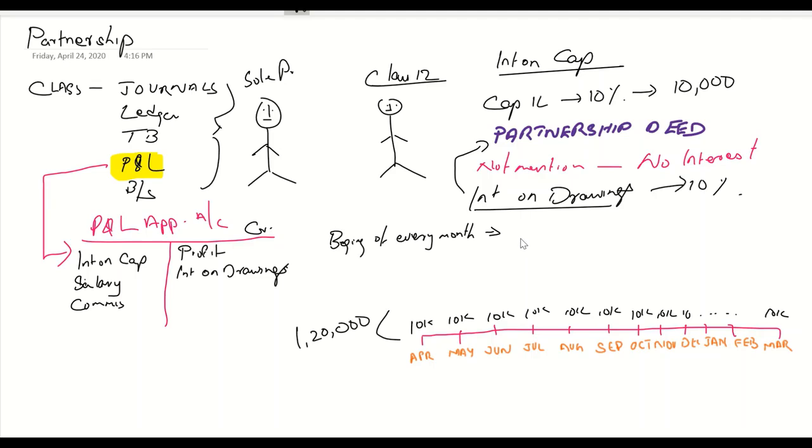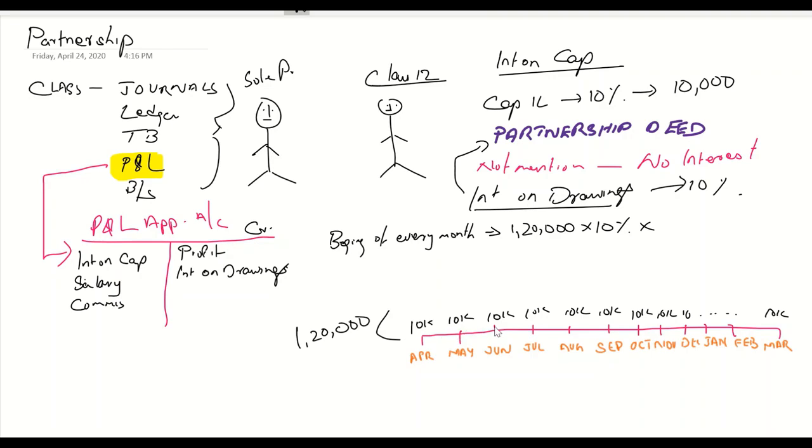How will we calculate interest on drawings? The total drawings is 1,20,000. Interest percentage is 10%. Now, can we assume that we can take interest for the entire year? No, because if he had withdrawn 1,20,000 in the month of April, then we could straightaway calculate 10% interest on drawings.